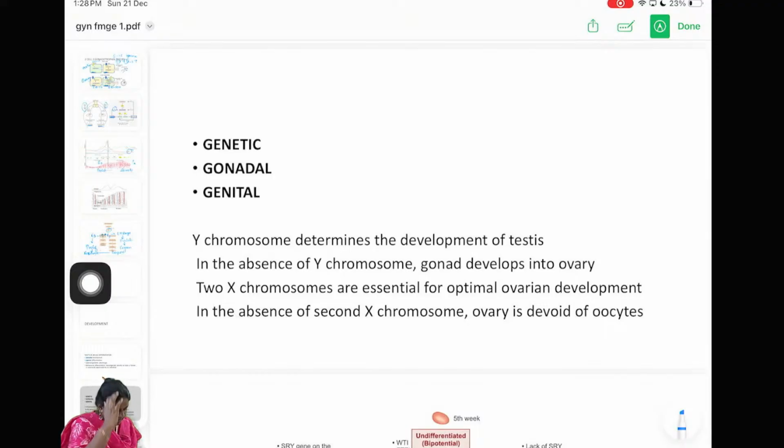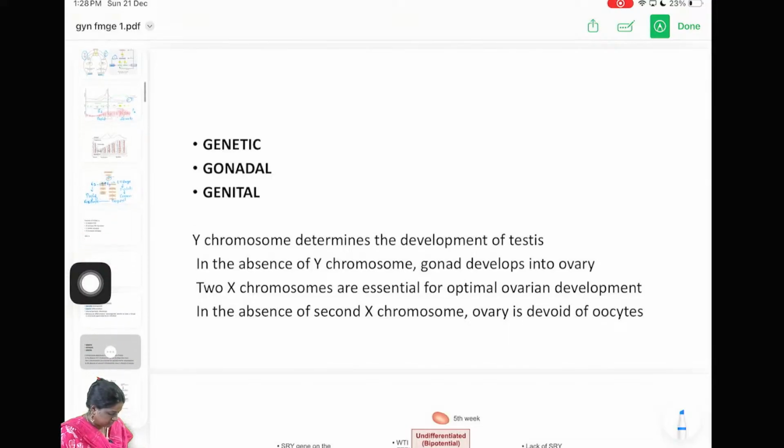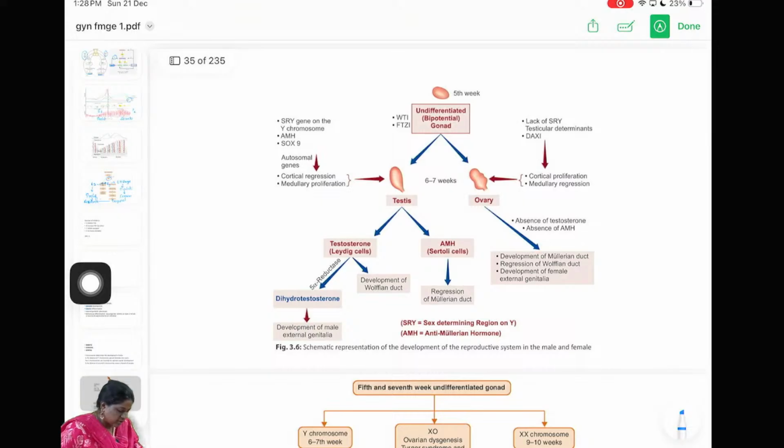So what is the determining factor? The Y chromosome is the determining factor. If the Y chromosome is present, definitely testis. If the Y chromosome is absent, the gonads are going to become ovaries. You understand? There is going to be the SRY gene on this Y chromosome, and anti-Mullerian hormone.